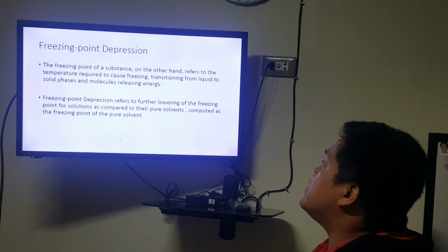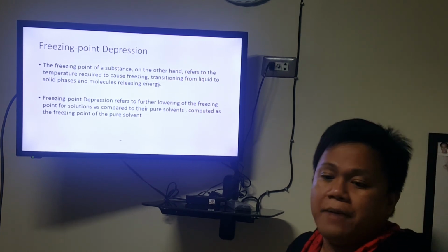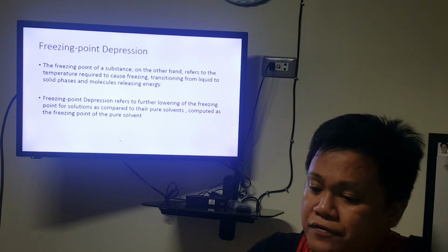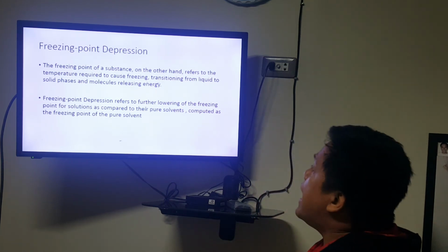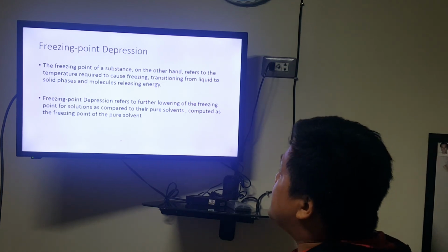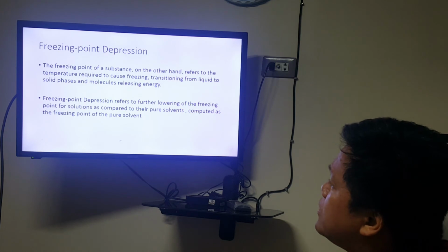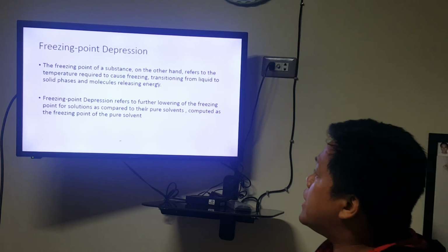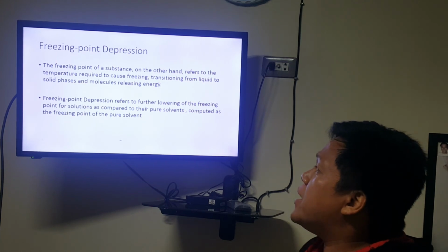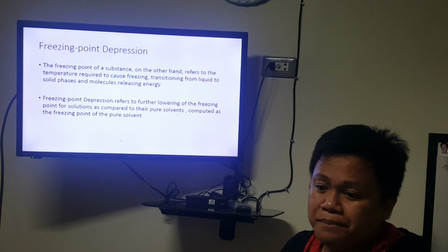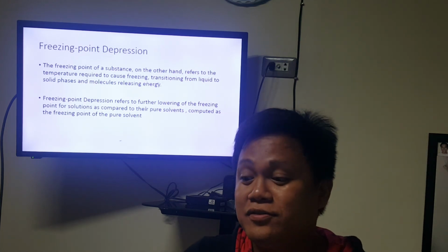The freezing point of a substance refers to the temperature required to cause freezing, transitioning from liquid to solid phase, with molecules releasing energy. Freezing point depression refers to the lowering of the freezing point of solutions as compared to their pure solvents.